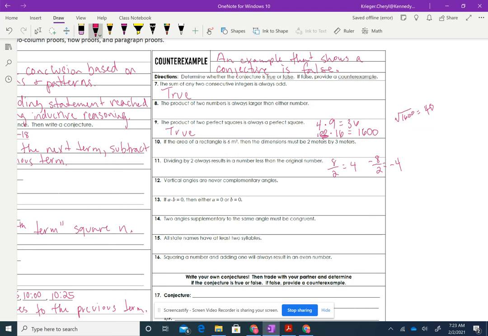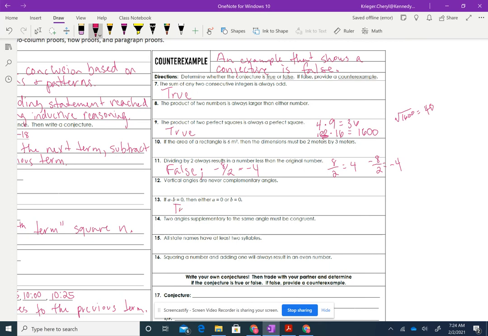Okay, so this one's false. Okay, and here's my counterexample. Negative 8 divided by 2 is negative 4. Okay, number 13. If A times B equals 0, then A equals 0 or B equals 0. Yes, that's true.